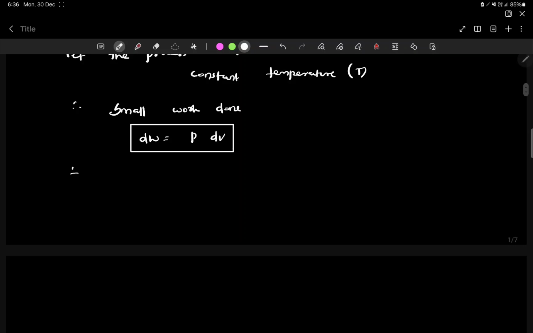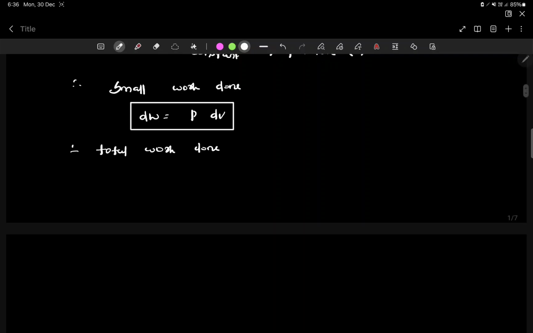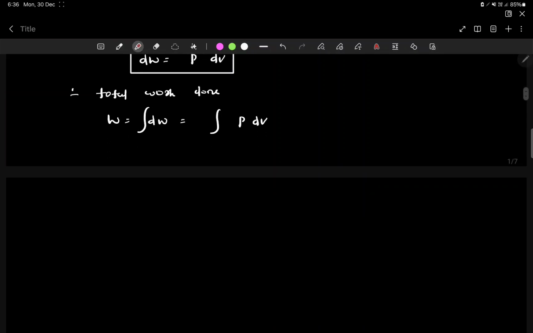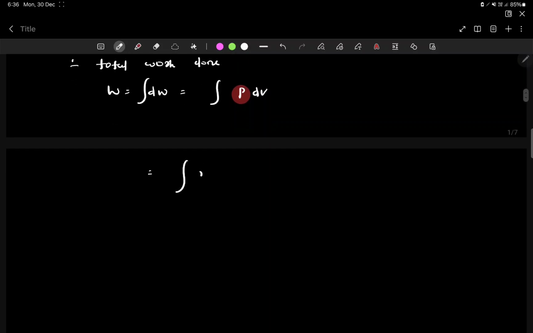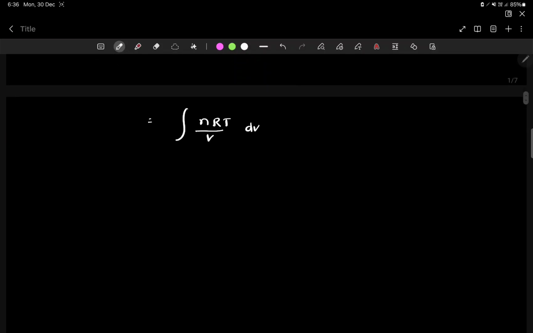So now we can calculate the total work done. Total work done will be W equals integration of dW, that is integration of P dV. So instead of P we can write nRT by V. So we can write integration of nRT by V into dV, and the volume changes from V1 to V2.